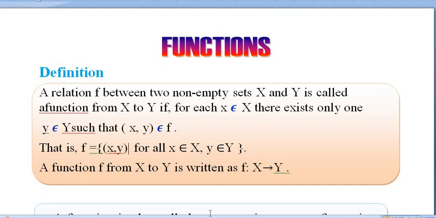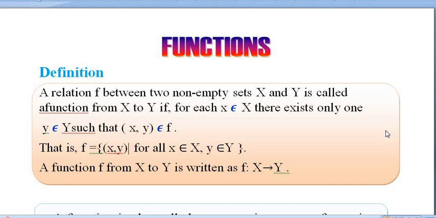Functions. Definition: A relation f between two non-empty sets X and Y is called a function from X to Y if for each x belonging to capital X, there exists only one y belonging to Y such that (x, y) belongs to f. So only one exists, that is very important.